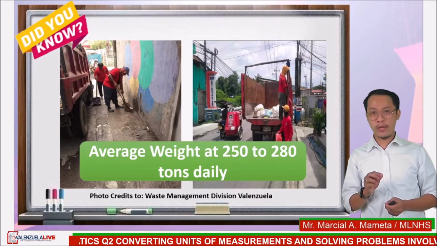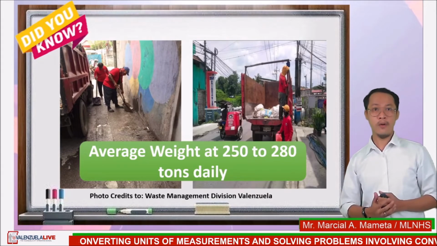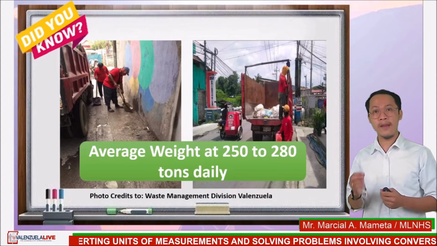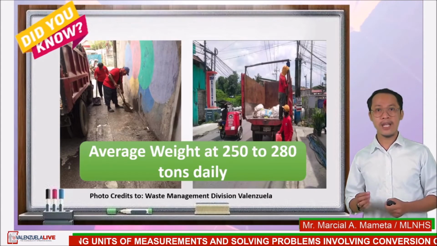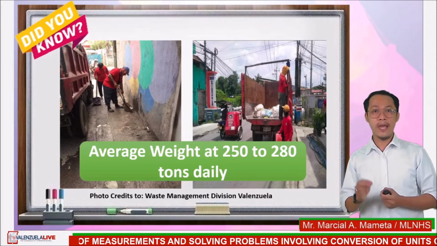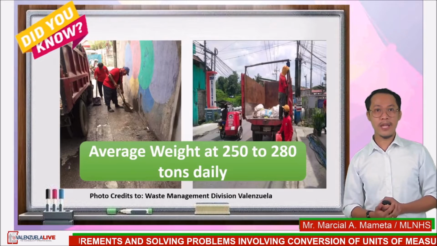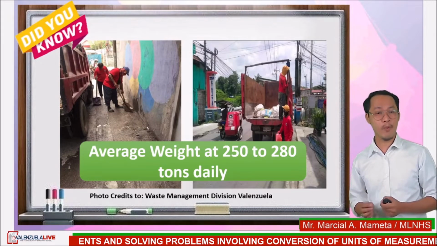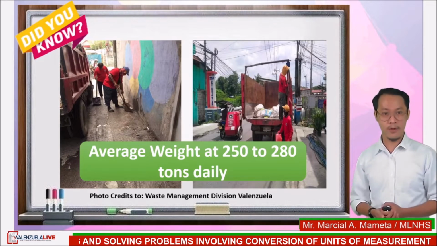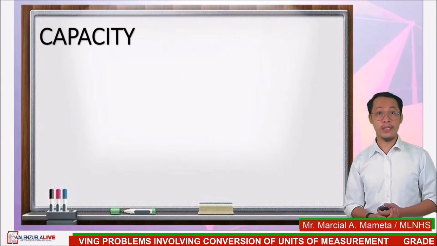Now, if we convert 250 to 280 tons to kilograms, it is equal to 226,796 to 256,012 kilograms, because 1 ton is equal to 907.185 kilograms.